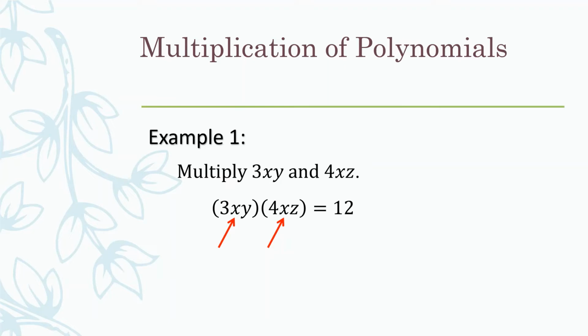So, by product rule, x now will have 2 as its exponent kasi parehong 1 ang kanilang exponent, and 1 plus 1 is just equal to 2. Now, sa y naman, isa lang naman siya, so just copy y, and then z is just isa lang din naman siya, so just copy z. So, final answer is equal to 12x squared yz.